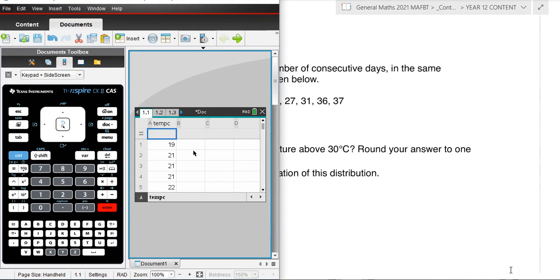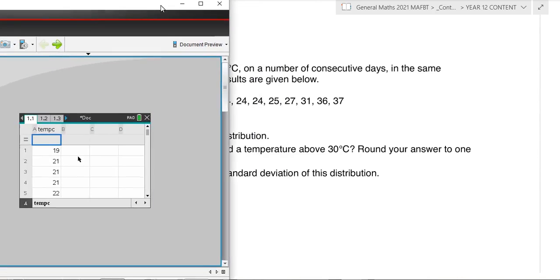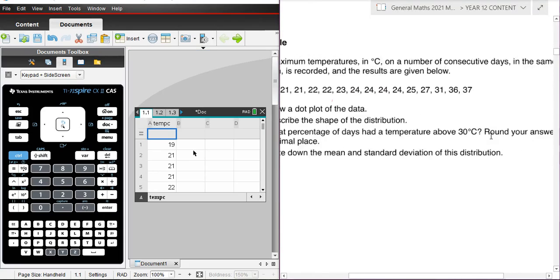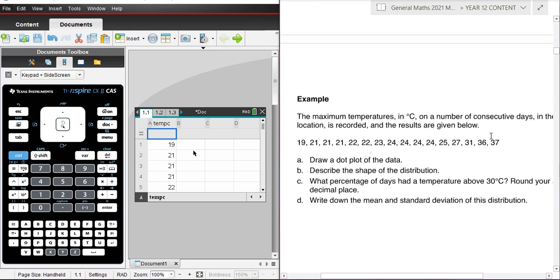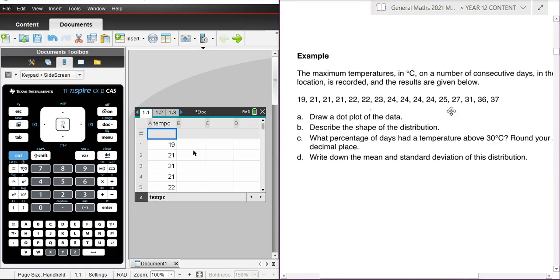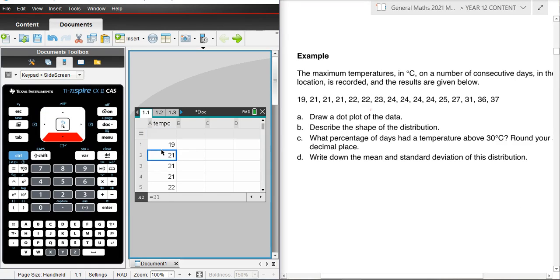There you go, there's my data. I'll leave it like this so you can see it side by side. Again, double check that you've gotten all of your data in there and that it's the correct numbers. That's really important. If you get one wrong number, your data will be stuffed up.